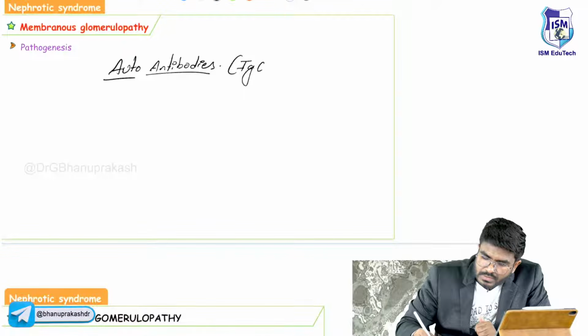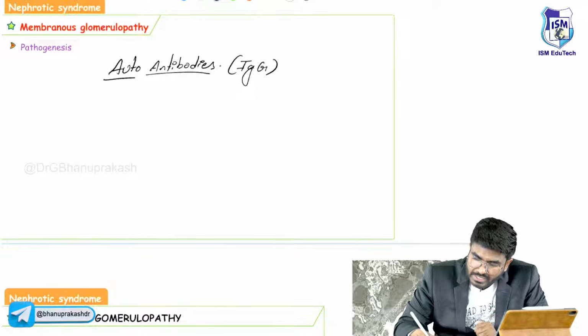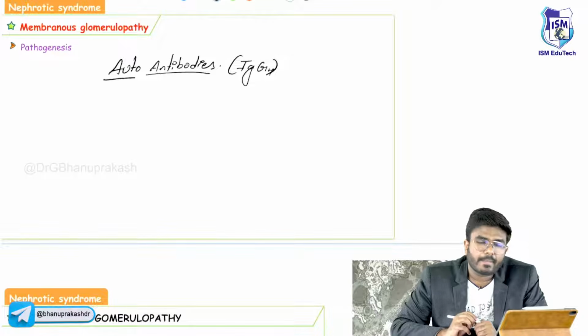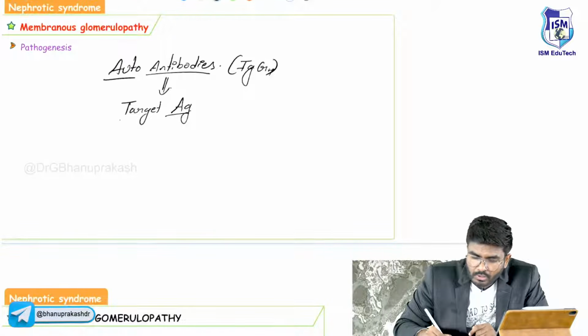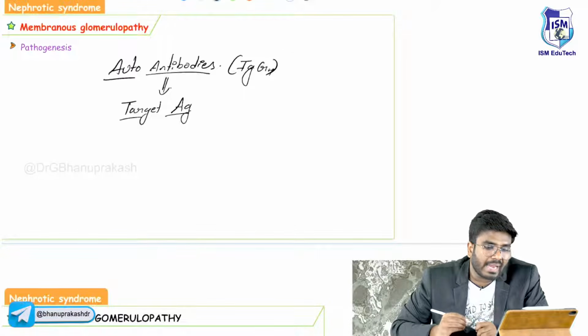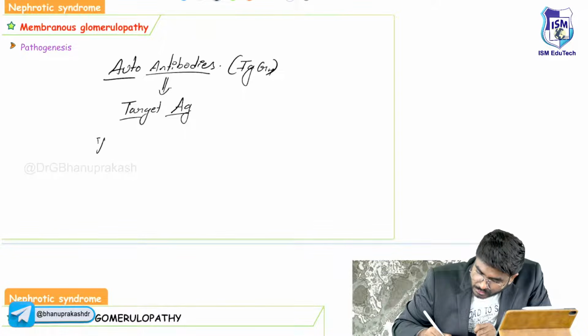IgG autoantibodies are going to be produced, IgG4 antibodies. These IgG4 antibodies will target the antigen. Do you know what the antigen in this condition is? The antigen is phospholipase A2 receptor.